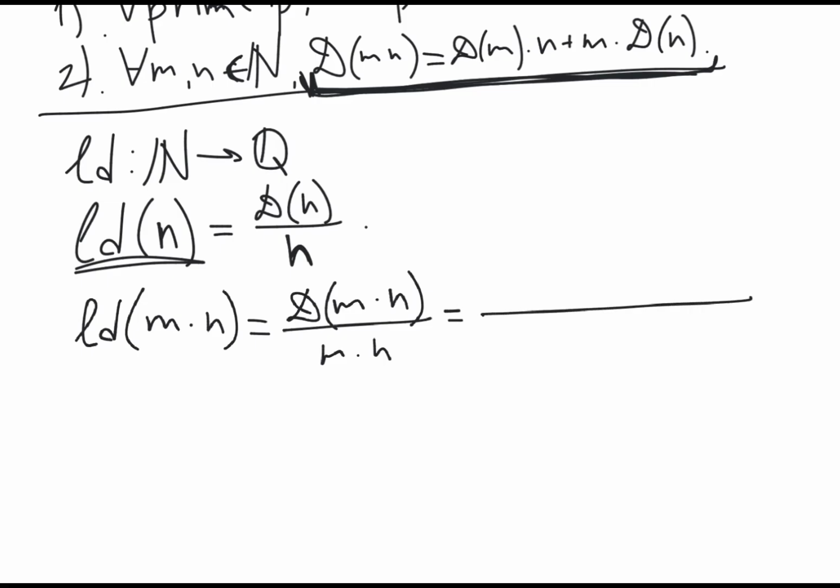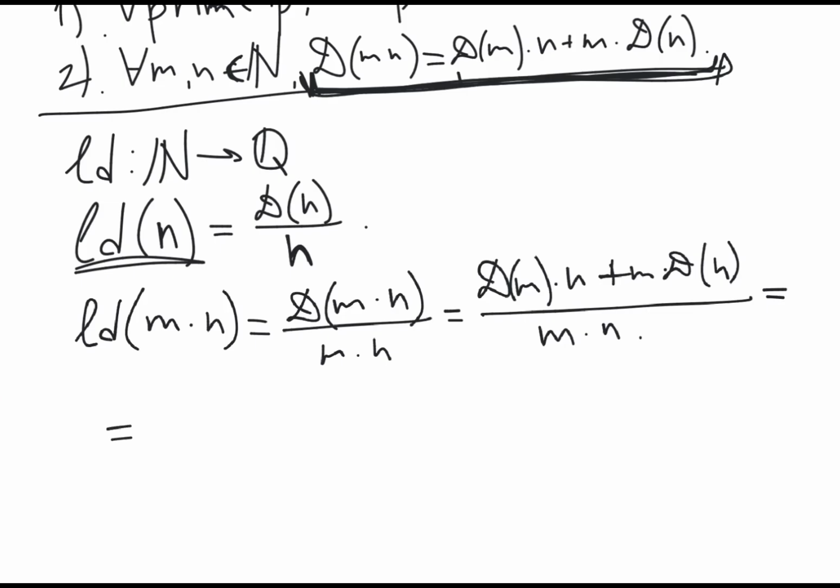Now the denominator, we leave it as it is. In the numerator we have d of m multiplied by n plus m multiplied by d of n, right?